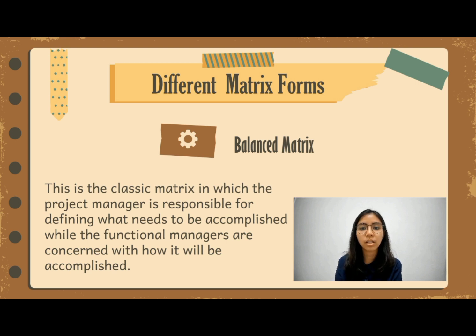The functional managers are responsible for assigning personnel and executing their segment of the project according to the standards and schedules set by the project manager. The merger of what and how requires both parties to work closely together and jointly approve technical and operational decisions.